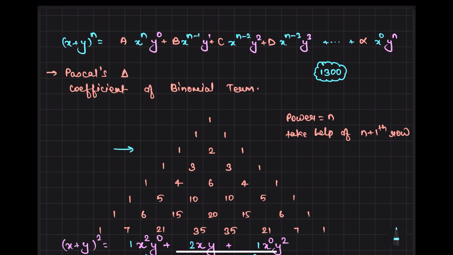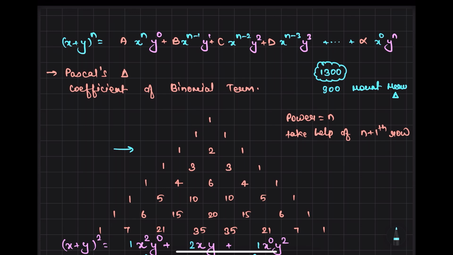And during the 9th century, around 900, in India the same triangle is named the Mount Meru triangle.